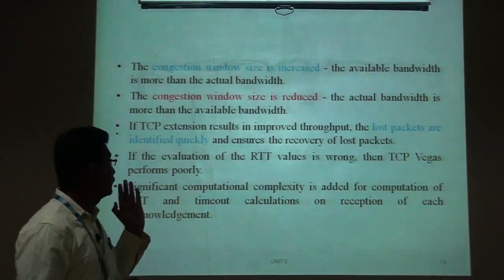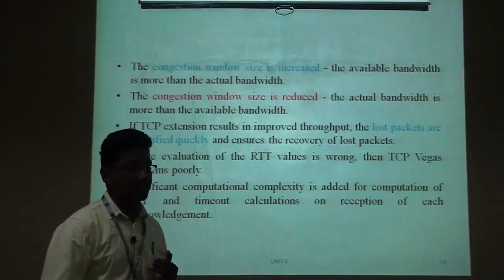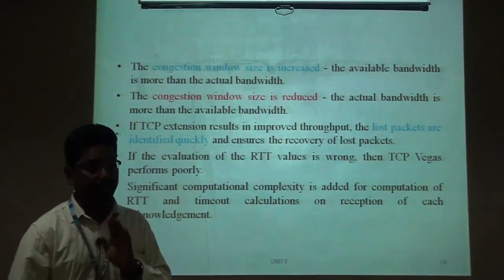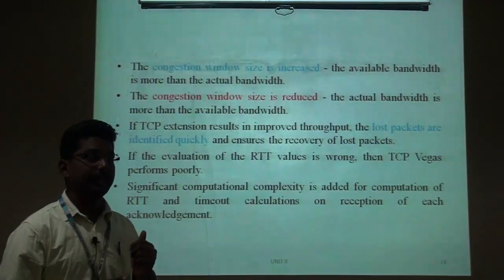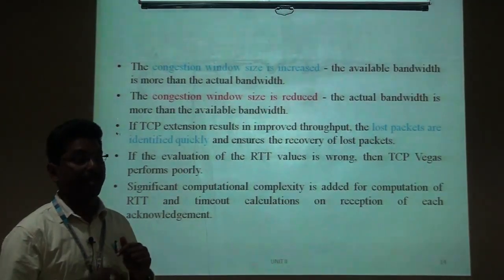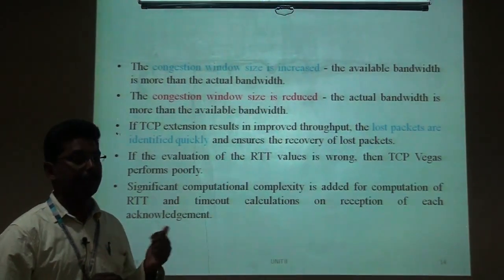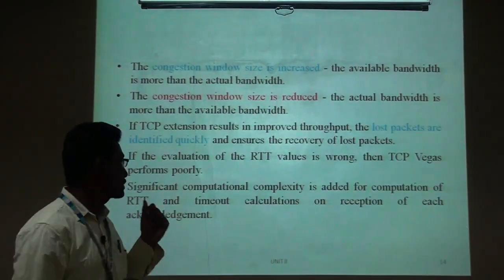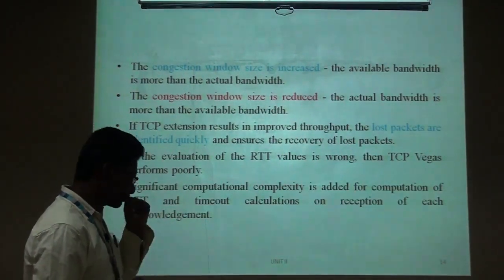If the congestion window size is increased, the condition is that the available bandwidth is greater than the actual bandwidth. If the actual bandwidth is greater than the available bandwidth, then the congestion window size will be decreased.